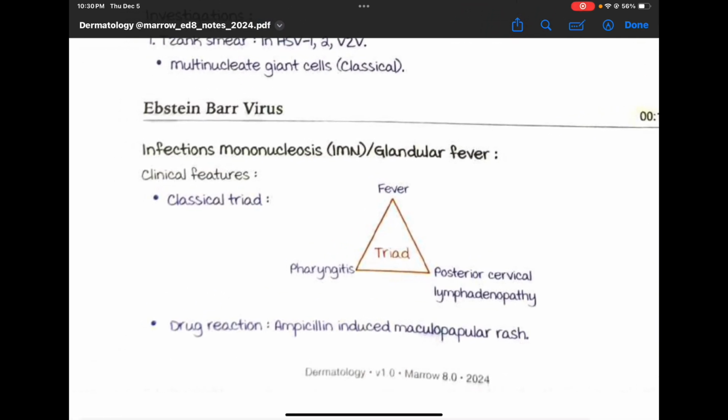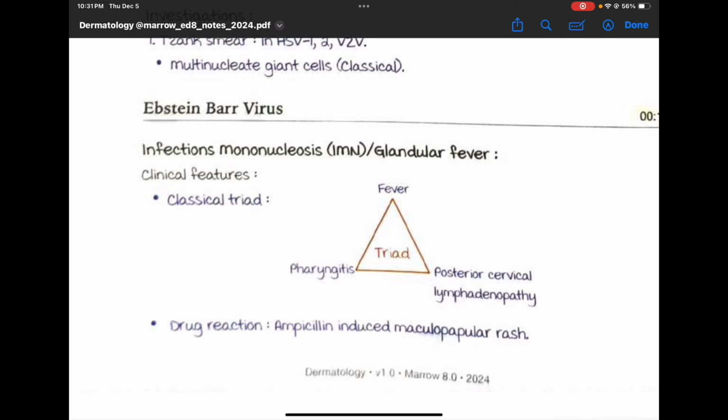Epstein-Barr virus, infectious mononucleosis, IM, glandular fever. Clinical features: there is a triad: fever, pharyngitis, posterior cervical lymphadenopathy. Drug reaction: ampicillin-induced maculopapular rash.